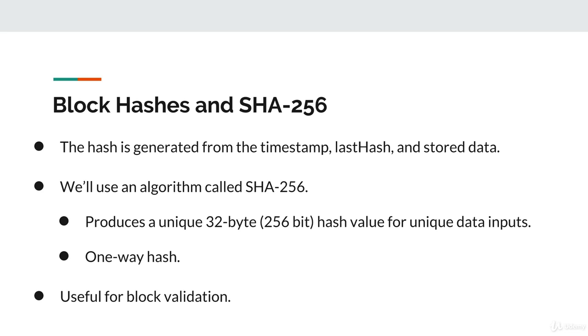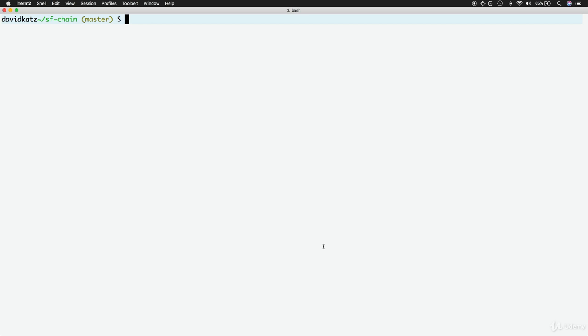All right, let's add this SHA256 hash function to our project. To begin, head to the command line because we're going to be installing a new module, so make sure you're in the SF chain directory. This new module is called crypto-js. Crypto.js is a neat module which contains an SHA256 function that we can use.